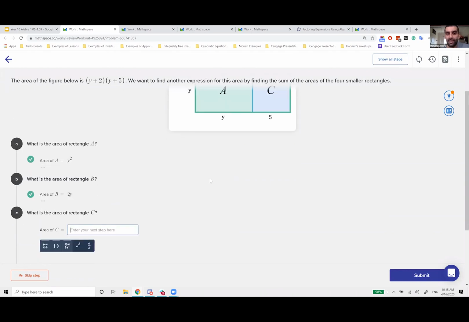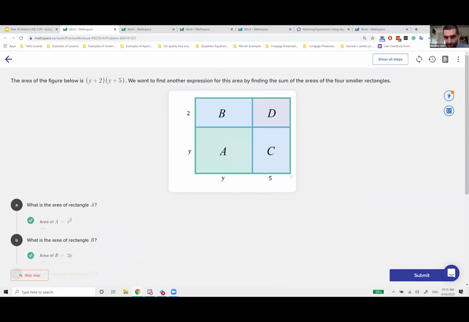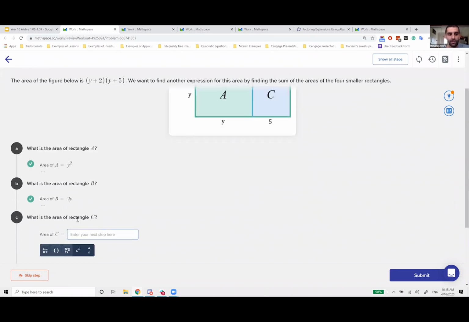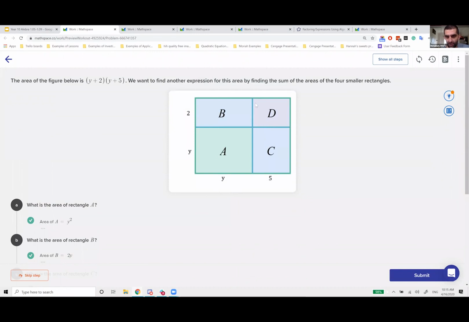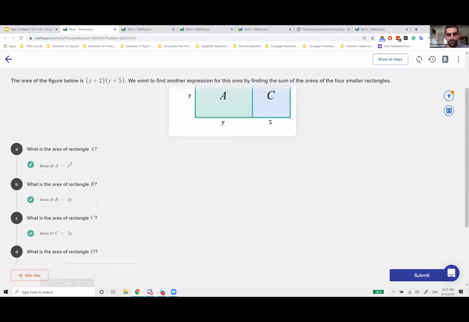The area of rectangle C, we got 5 over here and y over there. So we're talking about 5y. And then the last one, the area of rectangle D, that is the 2 over here, and that is the 5 over here. So that's just a number, 2 by 5, and that's 10.